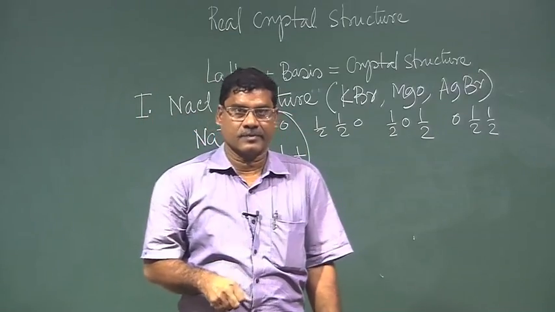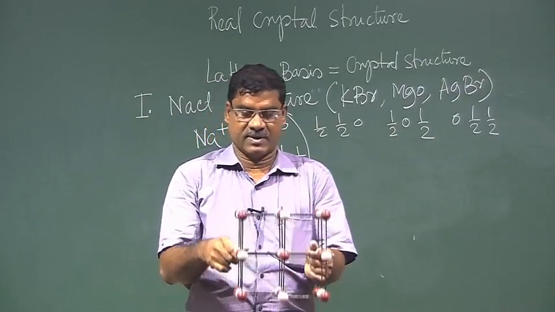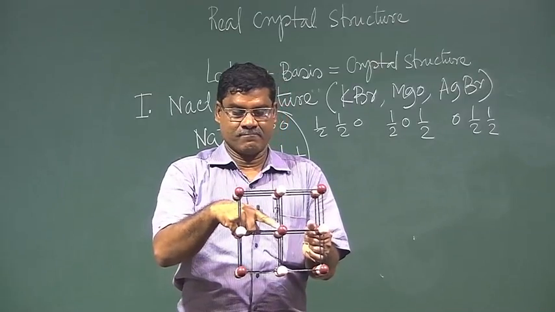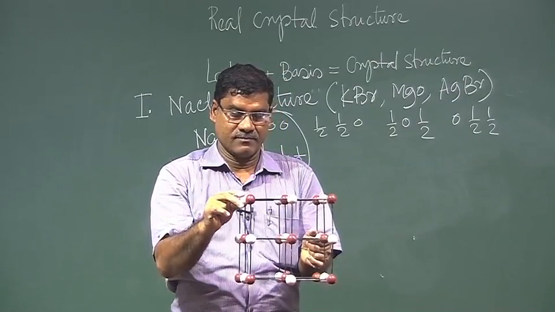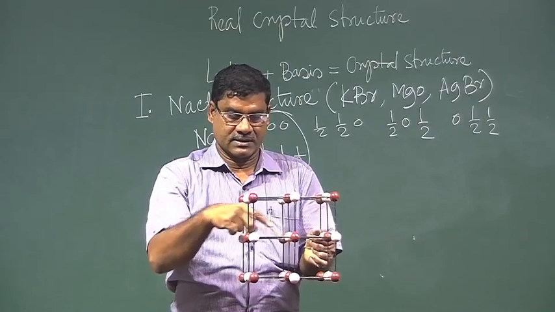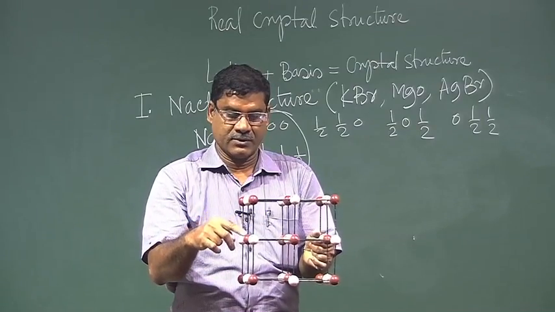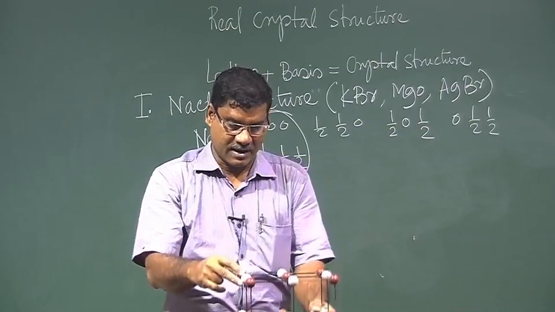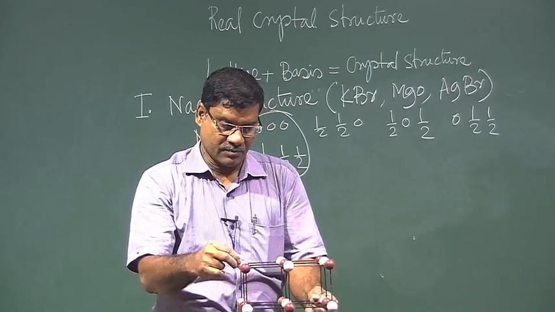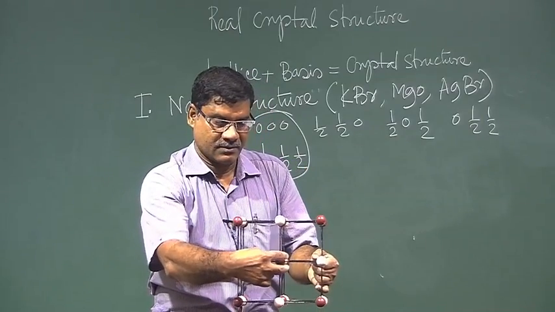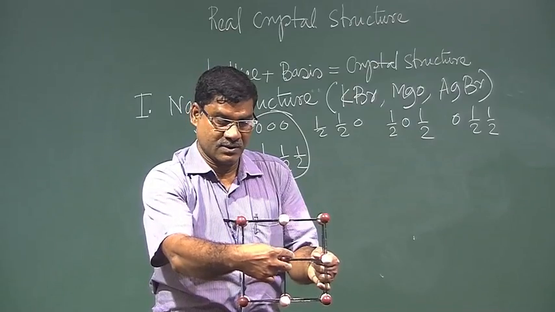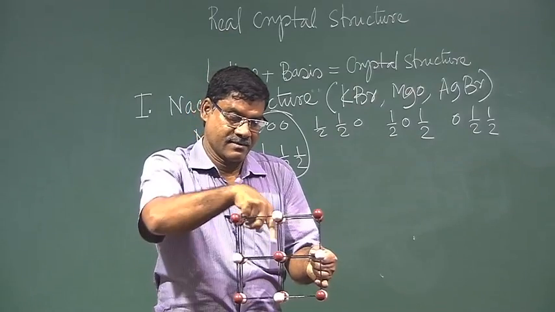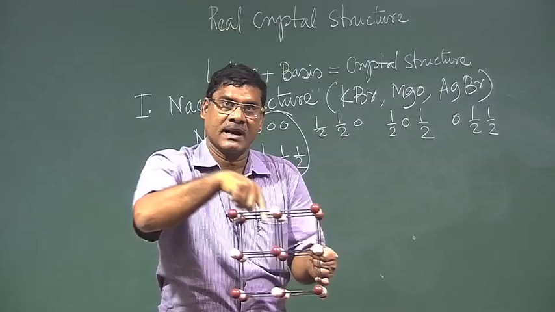Then if you take this one, half, 0, half, the corresponding chlorine will be this one, again at half of the body diagonal.